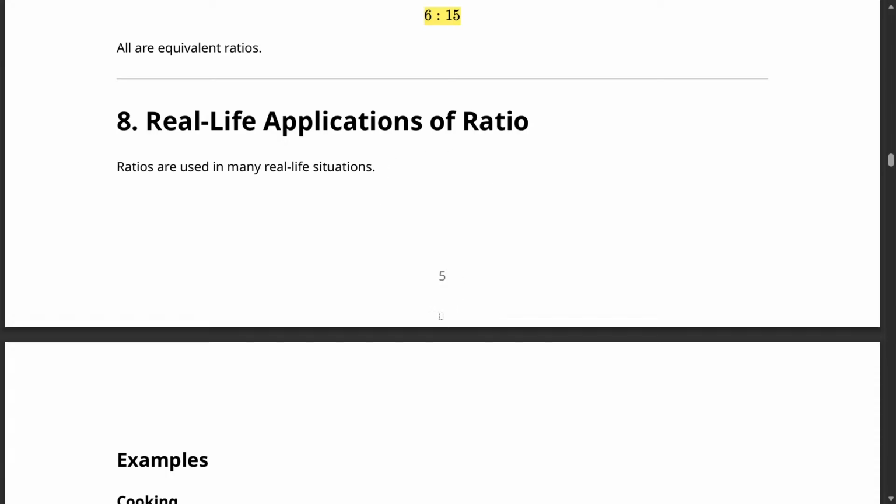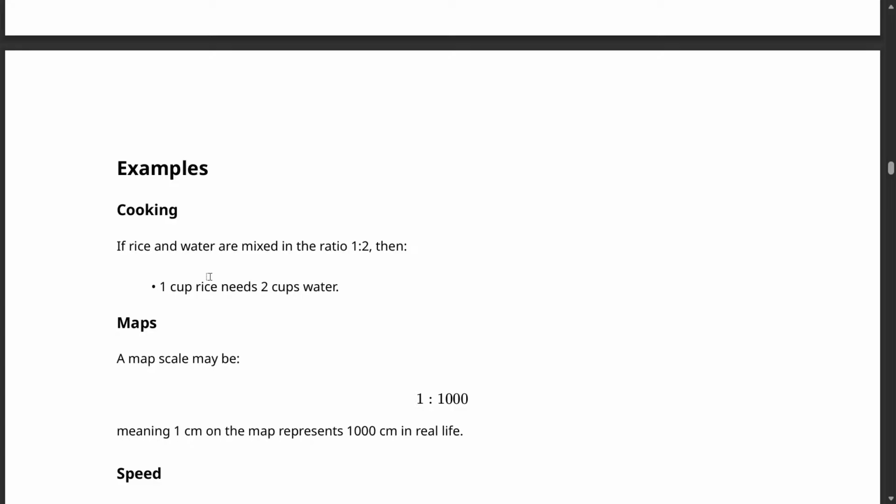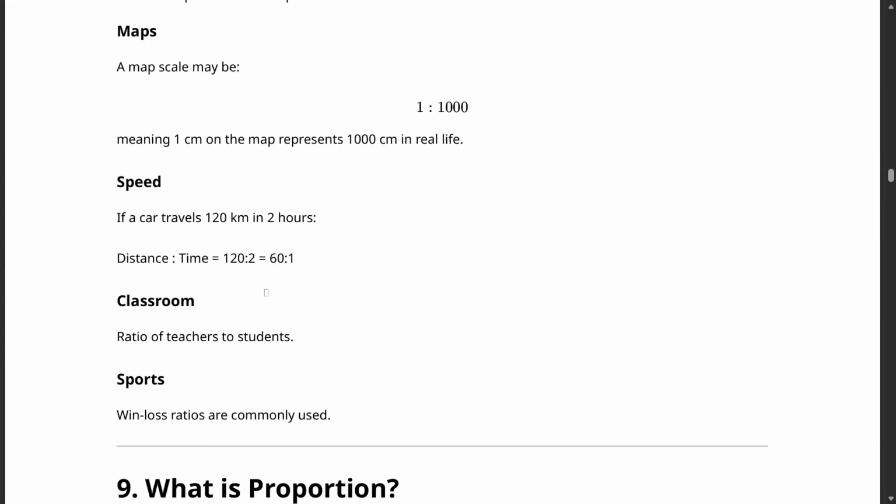Real life application of ratio. Ratios are used in many real life situations. For example, if rice and water are mixed in the ratio 1 is to 2, then 1 cup of rice needs 2 cups of water. A map scale may be 1 is to 1000, meaning 1 cm on the map represents 1000 cm in real life.